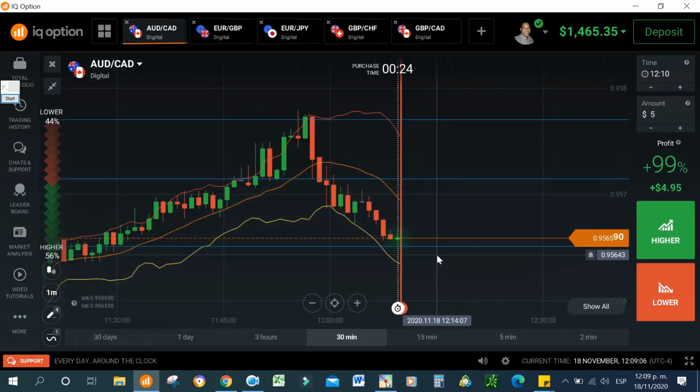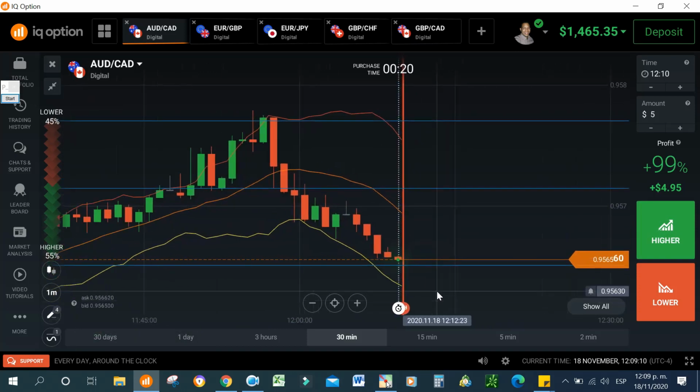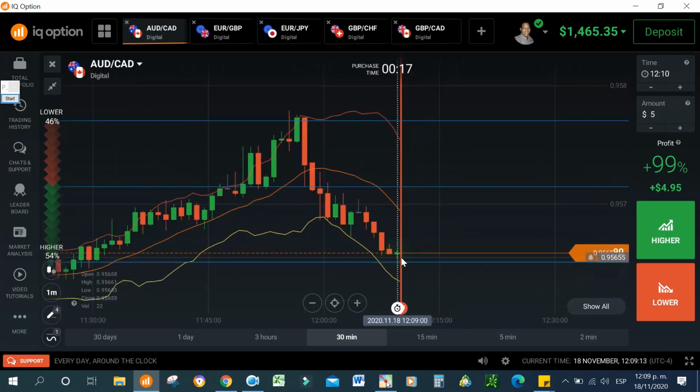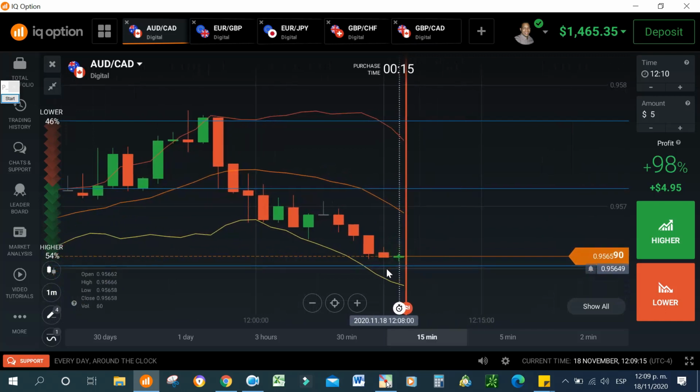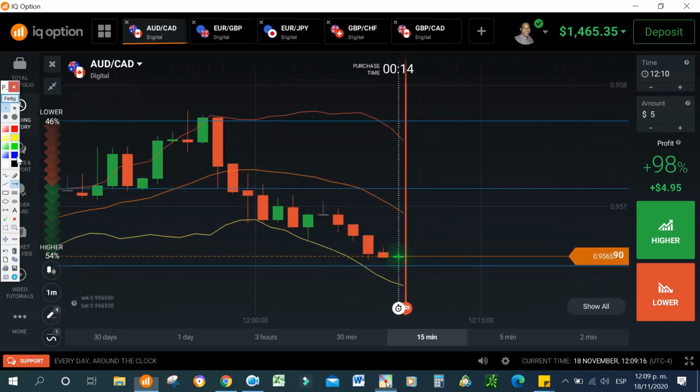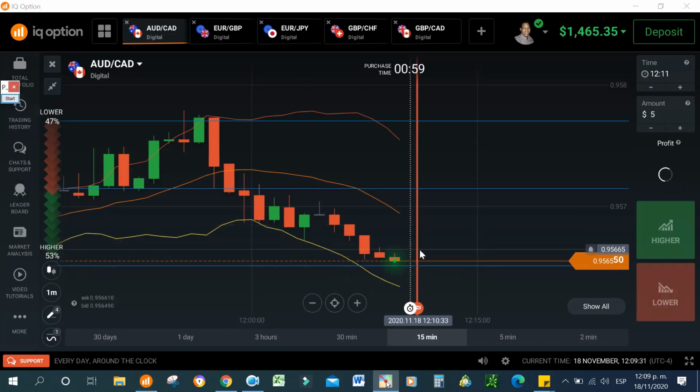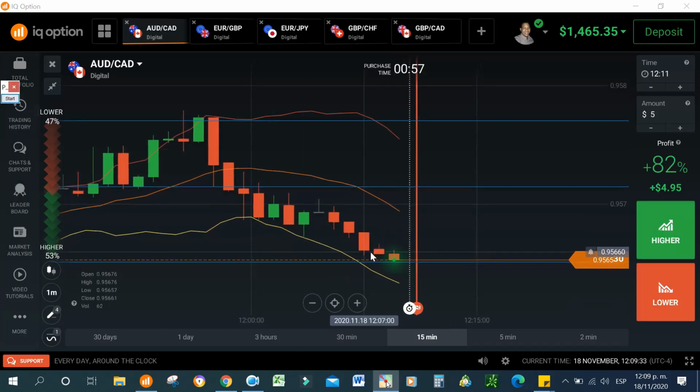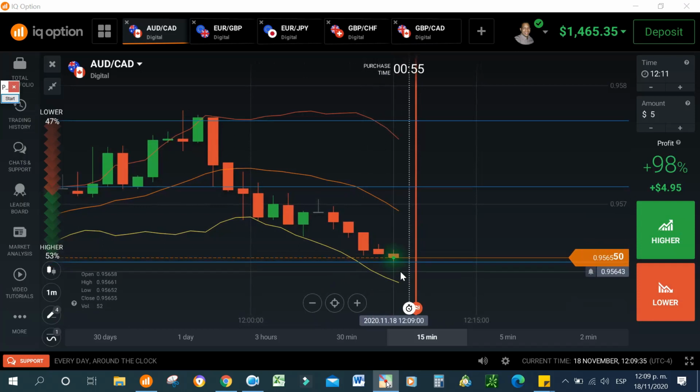Oh, it's okay. Let me wait. I will wait a little bit more. Yeah. But I know this little candlestick is telling me that the sellers don't have strength at this point. That's what this kind of candlestick is telling me.